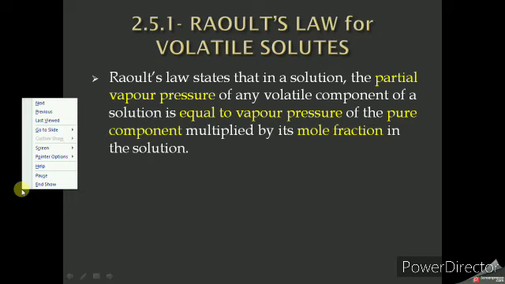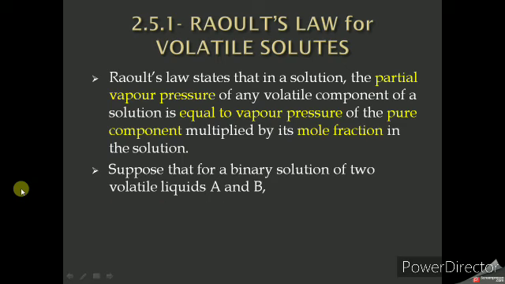Raoult's law states that in a solution, the partial vapor pressure of any volatile component of a solution is equal to the vapor pressure of the pure component multiplied by its mole fraction in the same solution. So your statement should be correct. Don't change the wording.